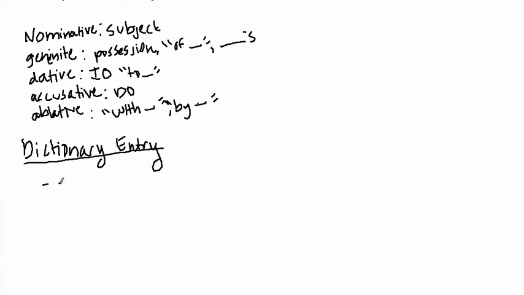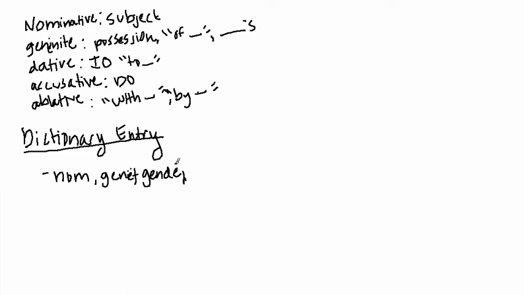It consists of the nominative as the first word, the genitive as the second word, or "gen," I'll write that, and the third is the gender, both start with G-E-N, and finally you have the meaning, and usually that's after a colon, or meanings.